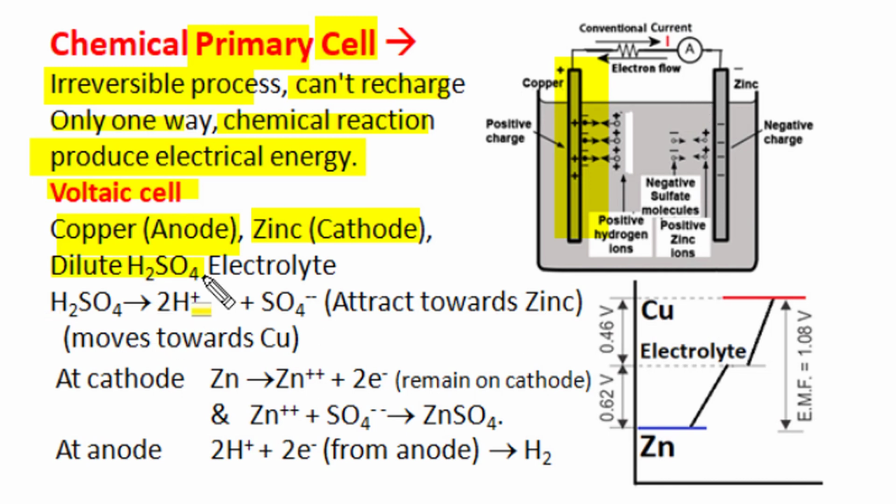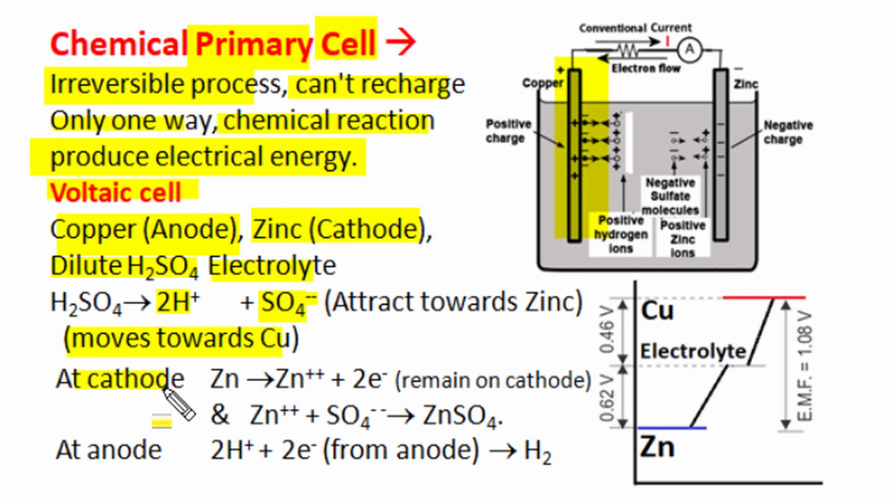Ionization of dilute sulfuric acid H2SO4 takes place and in the electrolyte we get hydronium ion H+ and sulfate ion SO4 2-. These ions have different affinity for the two electrodes. Positive H ions move towards the copper electrode and sulfate negative ions are attracted towards the zinc electrode.